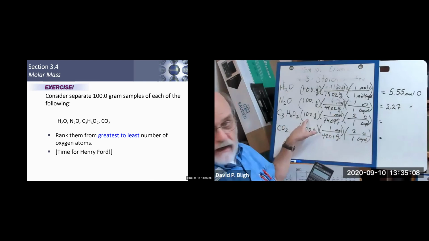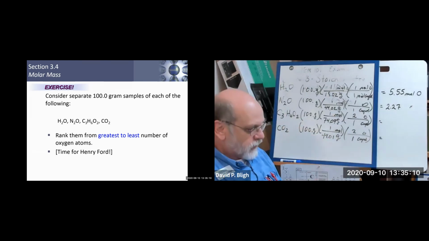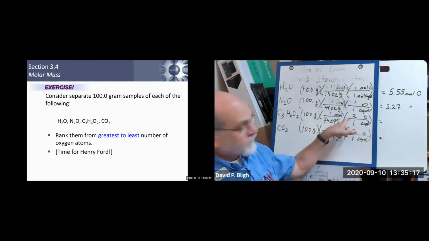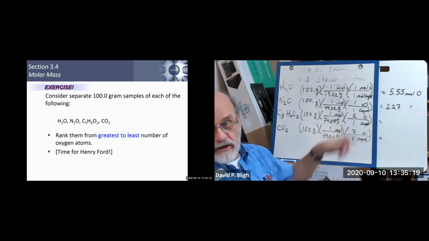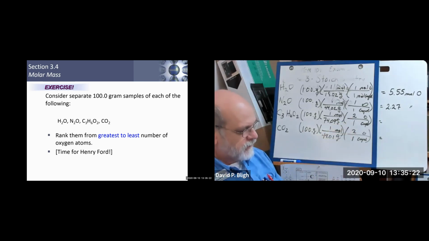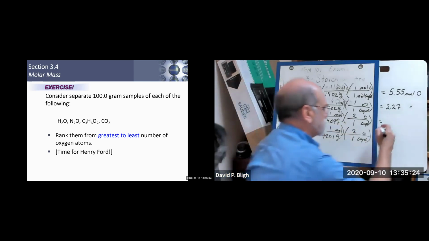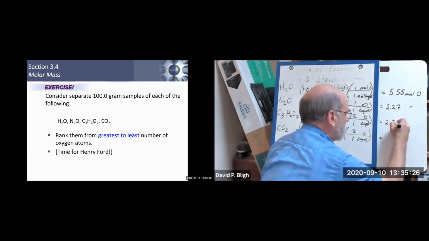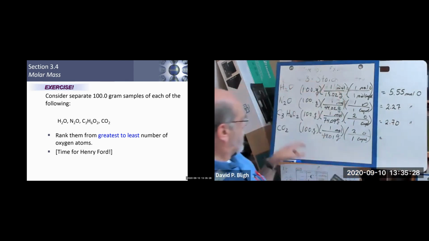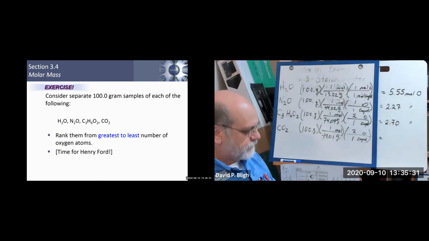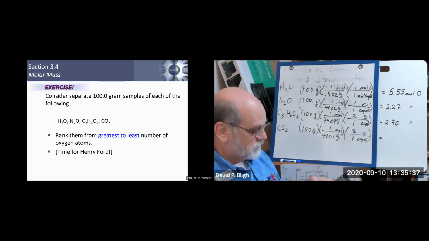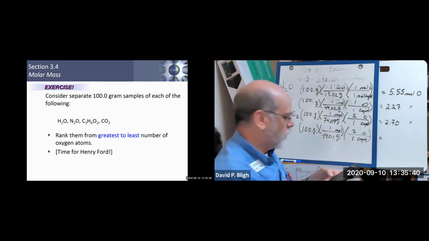Okay. Propionic acid, 100 grams, divided by 74.09. Now we have to multiply by 2 because of this ratio. That's 2.70. And carbon dioxide, 100 divided by 44.01 times 2, 4.54.